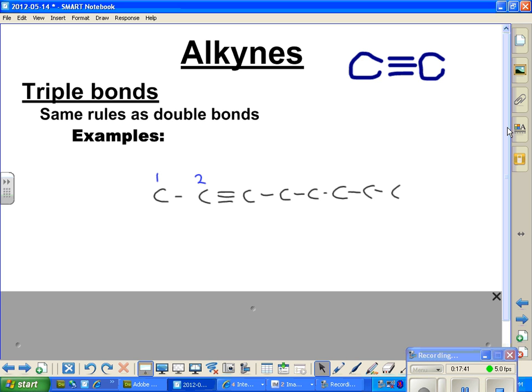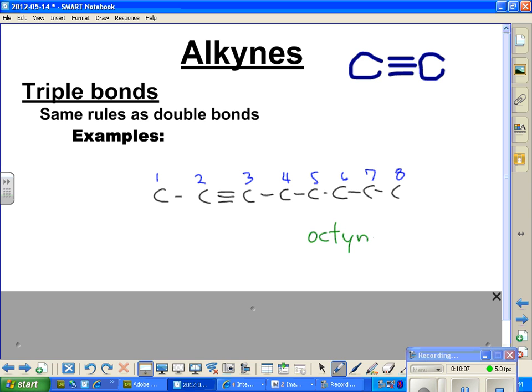And now I just count the length of the chain in total. So I got 3, 4, 5, 6, 7, 8. We have an octane chain here. Oh, not ene, this is a yne now. Let's get this right: octyne, O-C-T-Y-N-E.